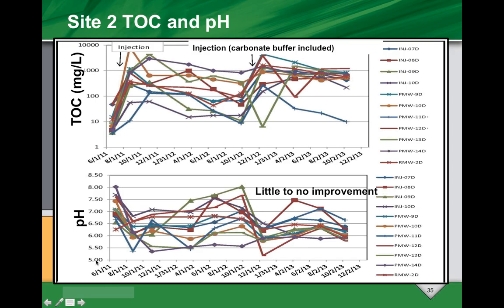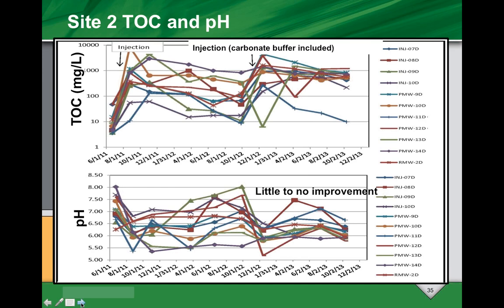The overall trend here is that as the TOC concentrations increase, the pH decreases, and that's due at least in part and probably primarily due to the production of organic acids, which is decreasing the pH. And then over time, the TOC decreases and the organic acid concentrations decrease, and that's associated with a slight increase in the pH.